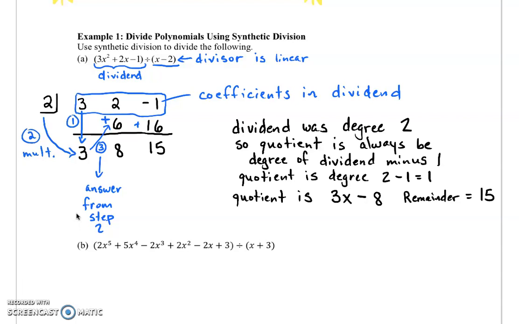So if we were going to use the dividend equals quotient times divisor plus remainder, which is that thing I starred just above where the screen stops, we have 3x squared plus 2x minus 1 equals 3x minus 8, which is our quotient, times the divisor, x minus 2, plus the remainder.